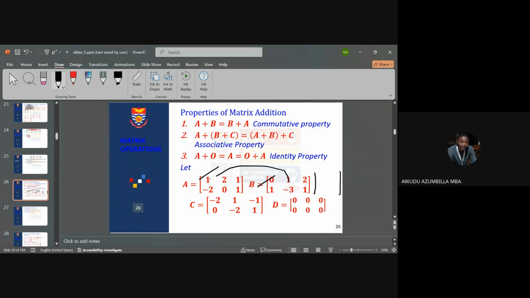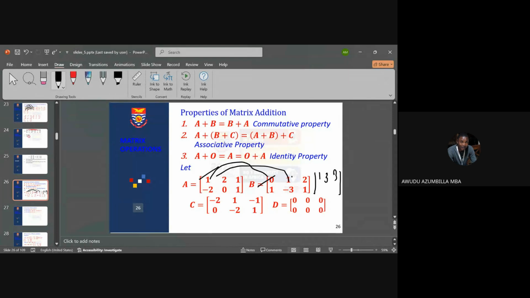So let's add this plus this. 1 plus 0 is going to give you 1. 2 plus 1 is going to give us 3. And then 1 plus 2 is going to give us 3. So write 3 here.